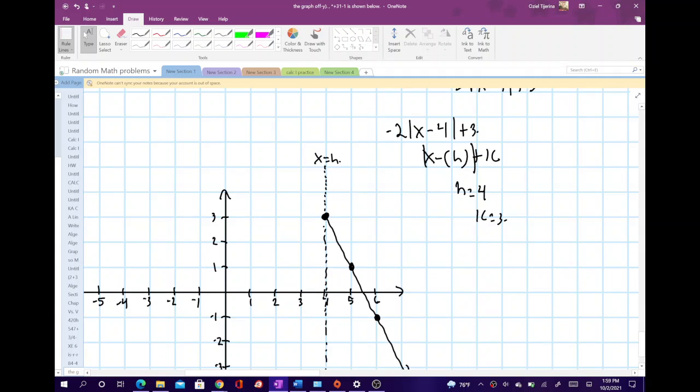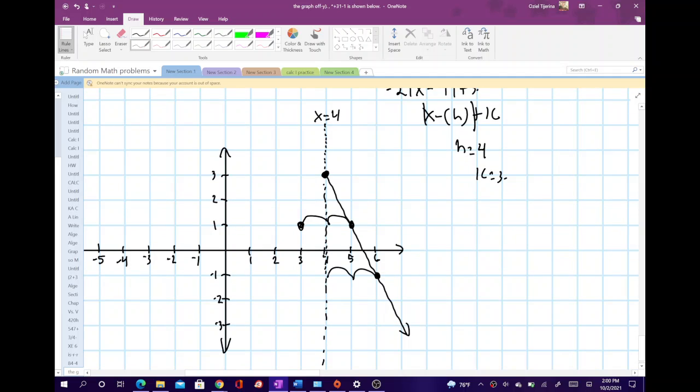So it's obviously x equals 4 in this situation, right? So it's literally reflecting over a line. 1, 1, 1, 2, 1, 2, etc., right? So then you just go ahead and do this here.